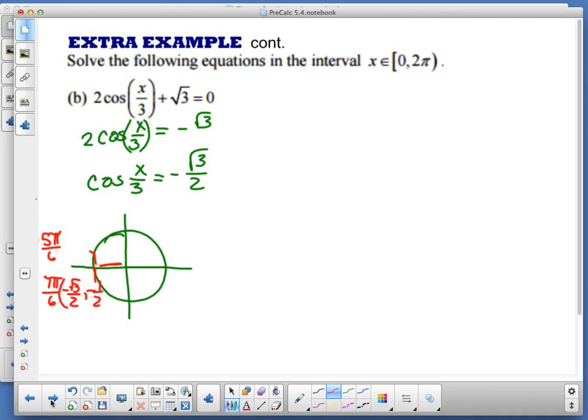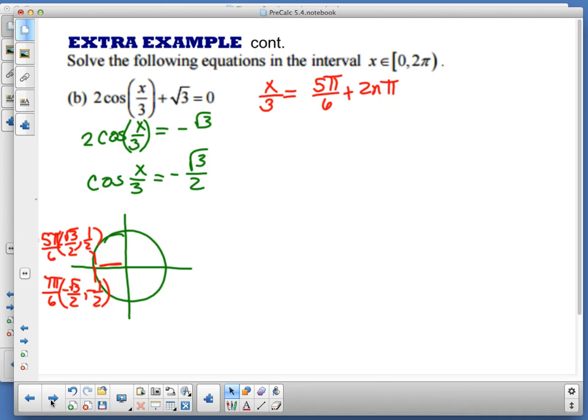One has a negative 1/2, one has a positive 1/2. Okay, so those are the two answers I'm looking for. So again, just like I did, I have my two things. I'm looking at x over 3 equals 5 pi over 6 plus 2n pi, and I'm also looking at x over 3 equals 7 pi over 6 plus 2n pi.